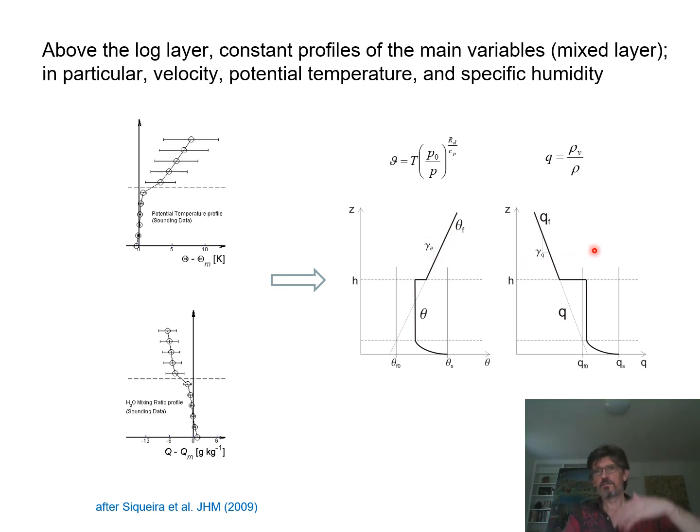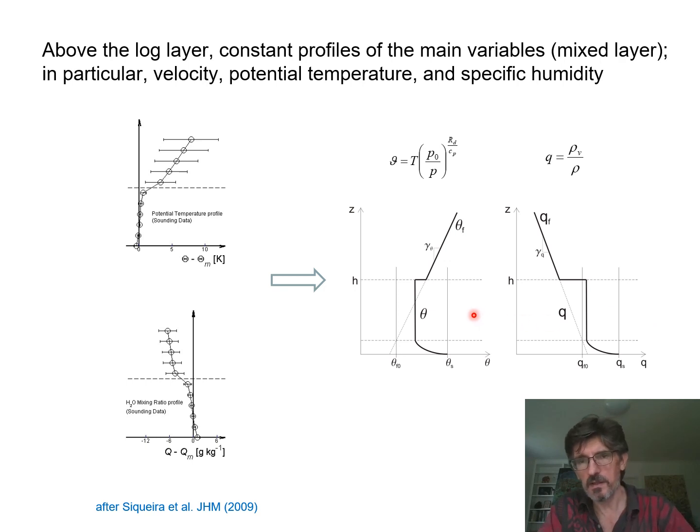These are typical values that you can set, that change day by day or every 2 or 3 days, depending on the weather conditions. These will be our boundary conditions now: these slopes and the intercepts of this function, q naught and theta naught. These are the free atmosphere boundary conditions. Within this layer, instead, theta and q will remain, at least according to our mixed layer approximation, constant.